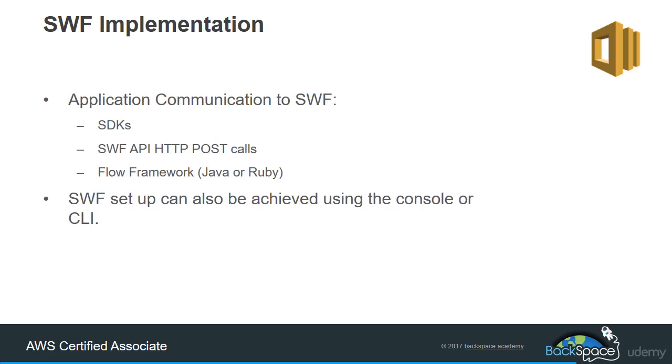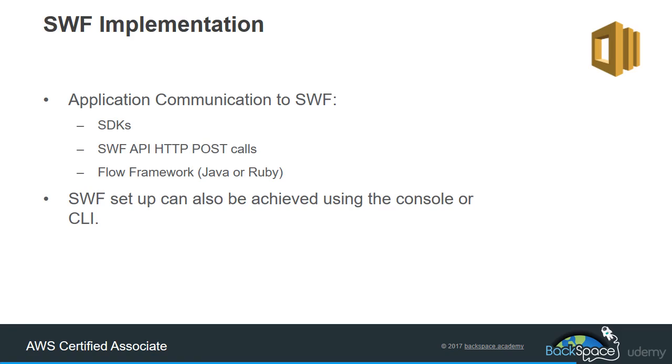SWF is implemented by having communication between the SWF service and our applications. Our applications can communicate to SWF through the software development kits that are available for a number of languages, through the SWF API, and that allows us to do HTTP POST calls to the API.